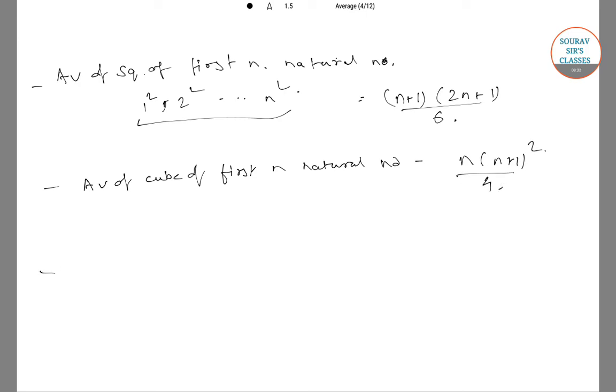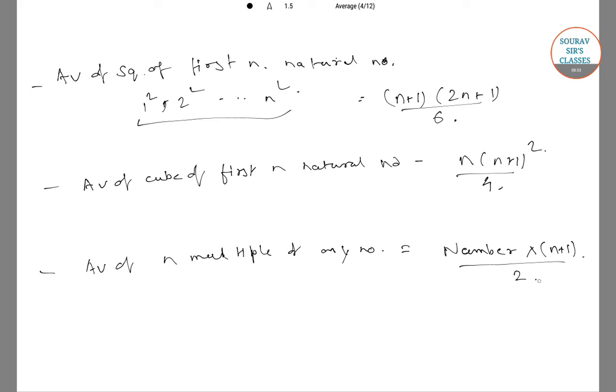Next is the average of n multiples of any number. This is equal to the number into n plus 1 divided by 2.